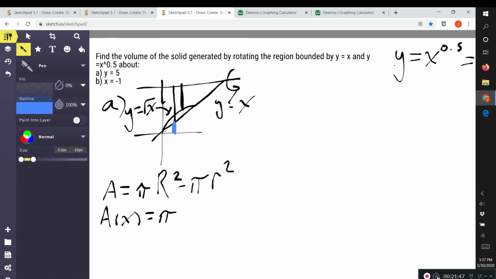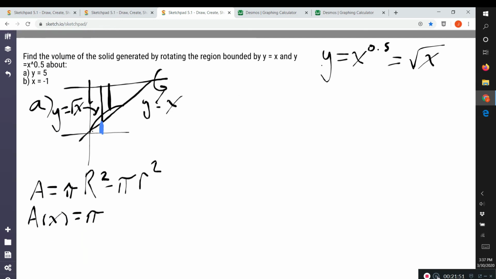So for the big radius, we're going to take the entire distance. The entire distance here would be 5 from the axis of rotation down to the x-axis, and we're going to subtract off that x. Our big radius is 5 minus x.